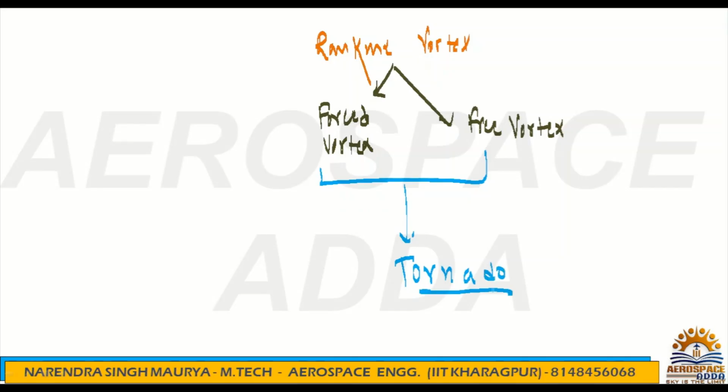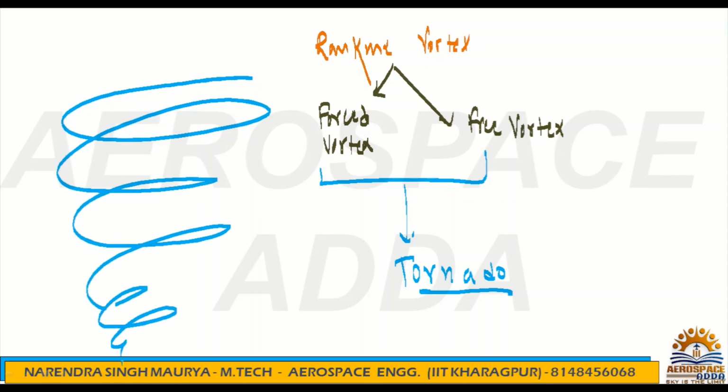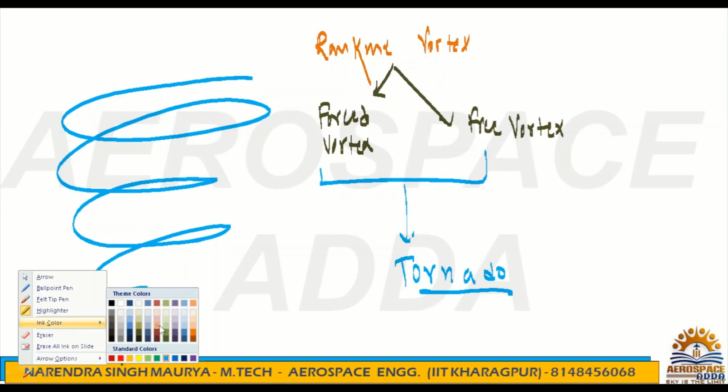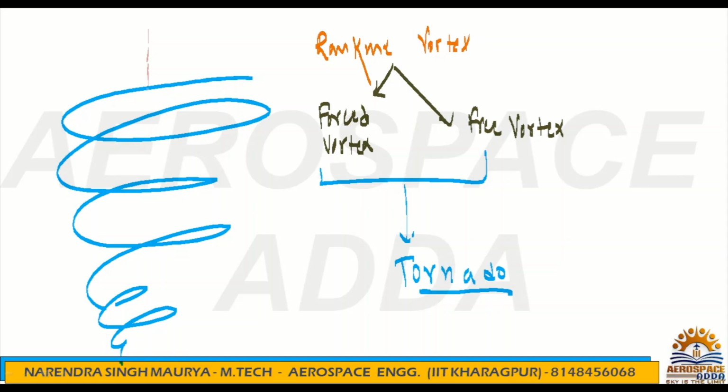So always remember, a tornado is not only forced vortex, a tornado is not only free vortex, it's a combination. And simply you can see, suppose the tornado has started. Why it is starting, it is because of the pressure being unbalanced.